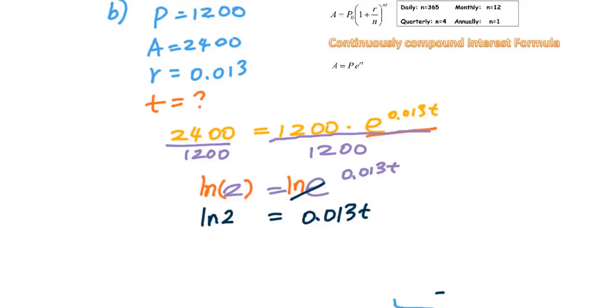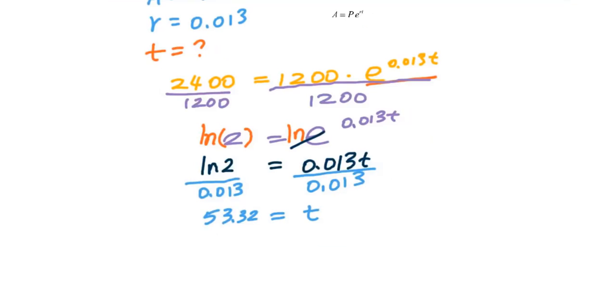Then we divide by 0.013 both sides. You will get T equals 53.32 years. Or you could say 54 years to make your principal doubled.